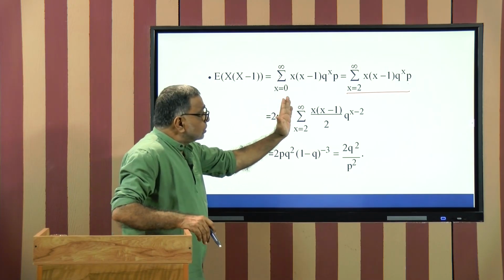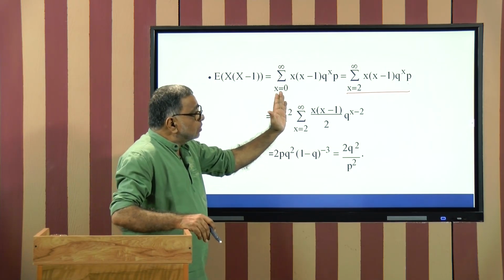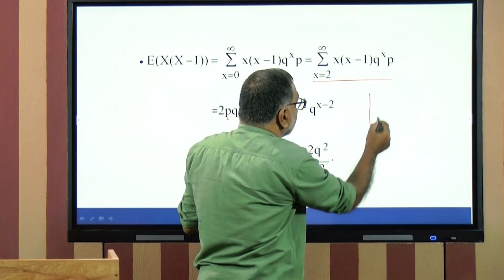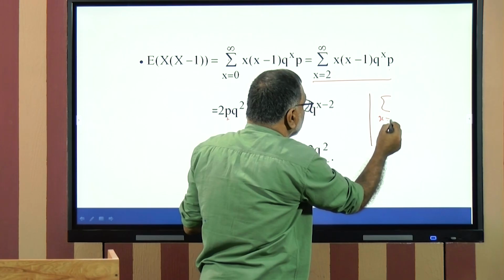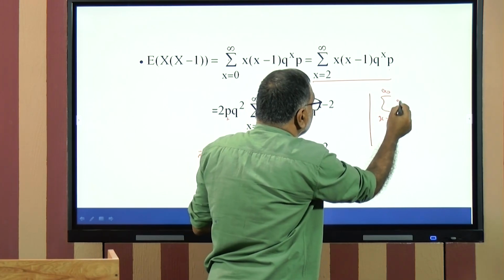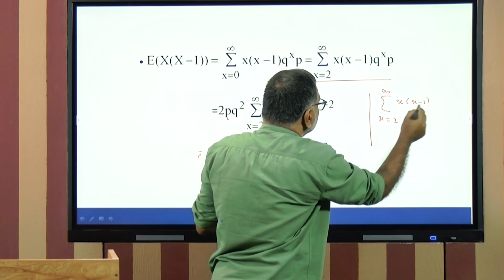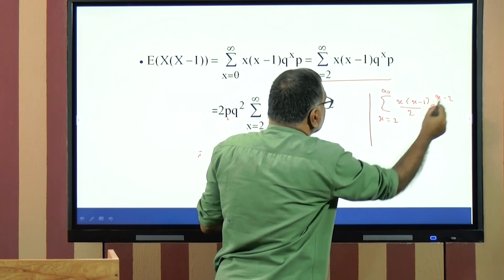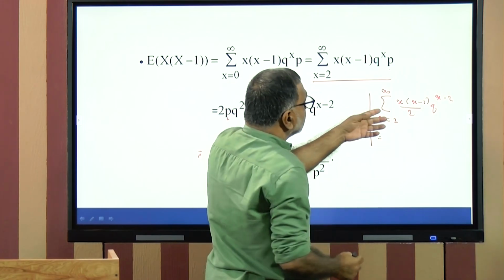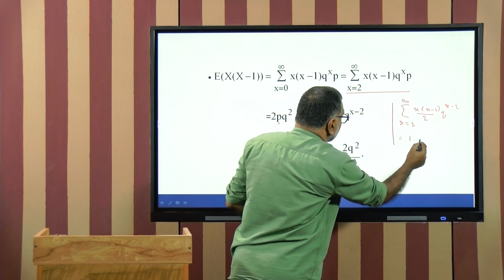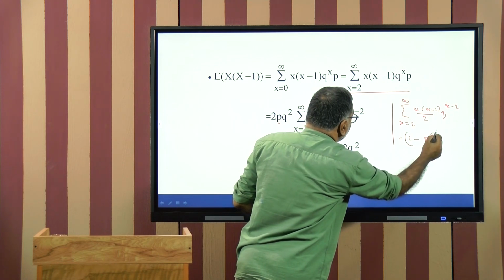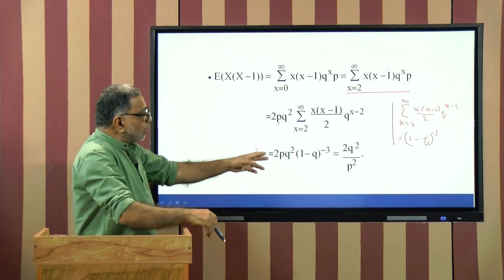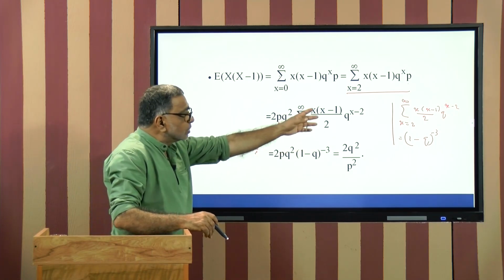Because this is a standard infinite series: sigma over x equal to 2 to infinity of x into x minus 1 divided by 2 into q to the power x minus 2 is equal to 1 minus q to the power minus 3.